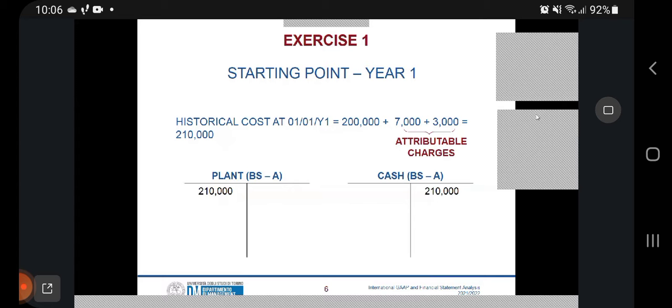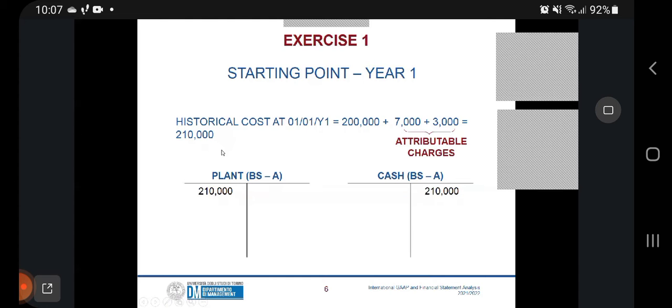And so, for these investments, the company has to recognize, first of all, the general cost of 200,000 plus 7,000 and 3,000. If we see the first slide, shipping costs are 7,000 while installation and testing costs invoiced are 3,000.